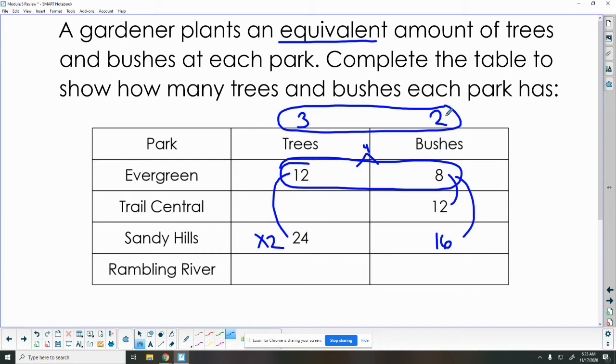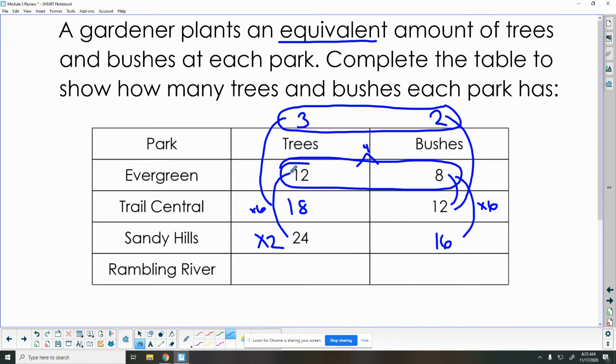So now let's think, how did I get from 2 to 12? Well, we times by 6. So we'll do the same thing here. 3 times 6 is 18. So it doesn't matter which one you go from, but it matters that you do the same one on both of them.